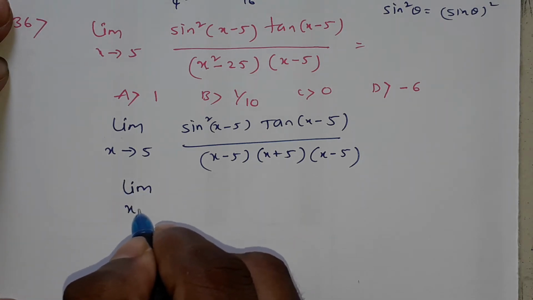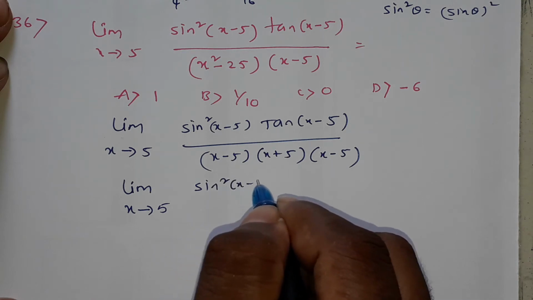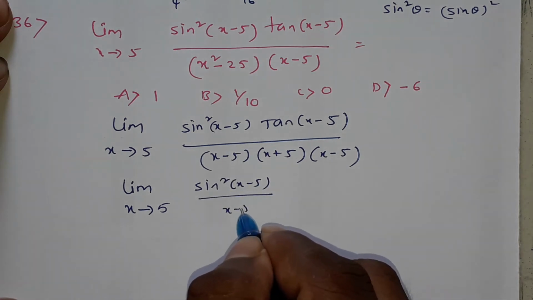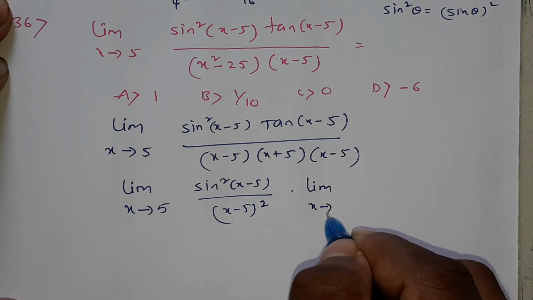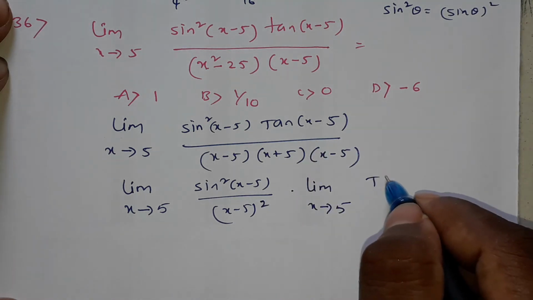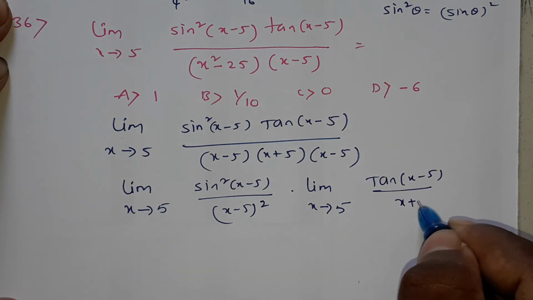Limit x tends to 5, here we write sin square x minus 5 by x minus 5 whole square. Again limit x tends to 5 tan of x minus 5 by x plus 5.